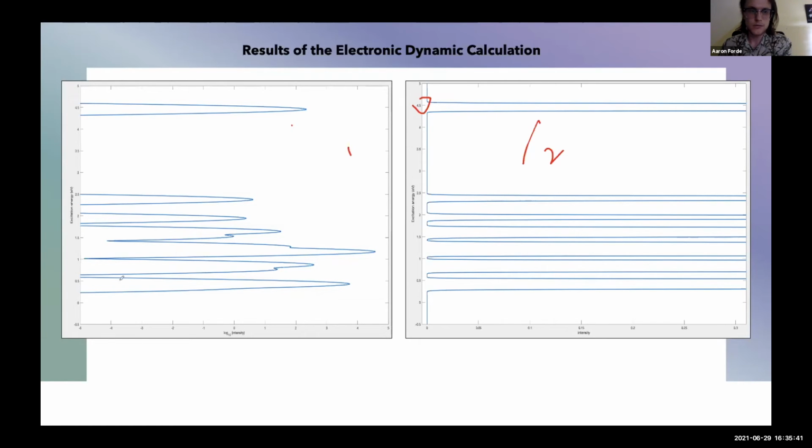Sorry, the x-axis has a log in figure 1 and figure 2 is normal scale.